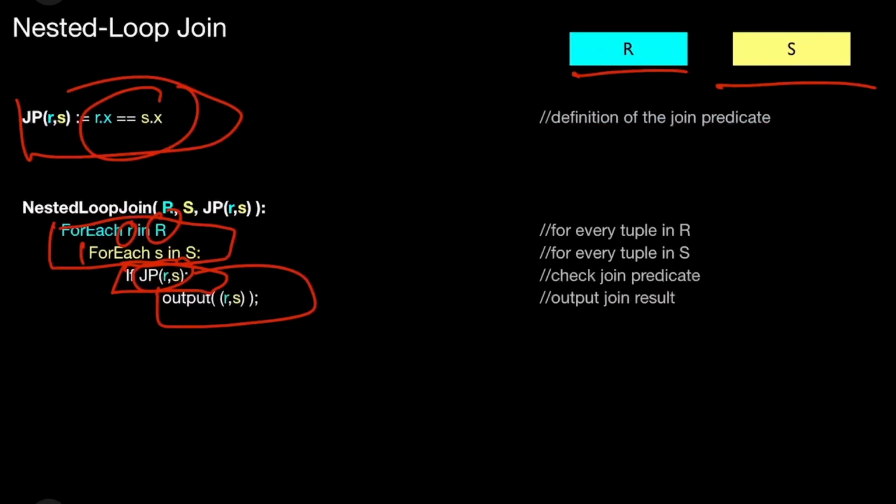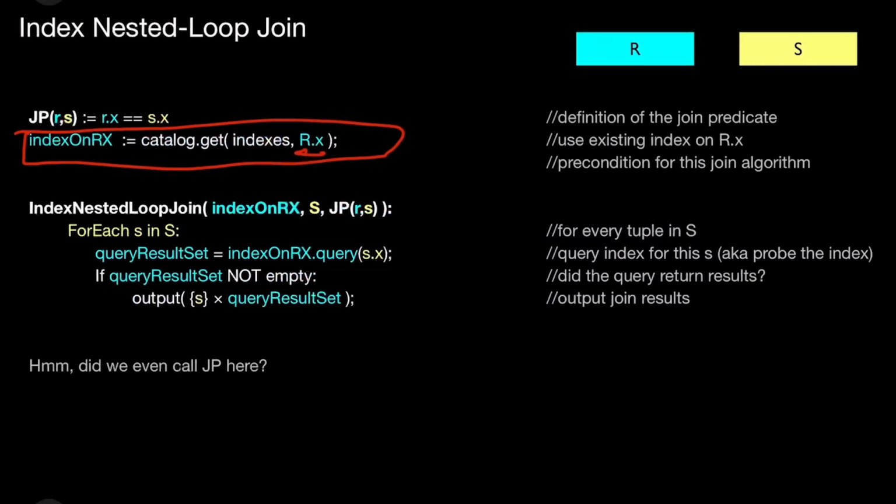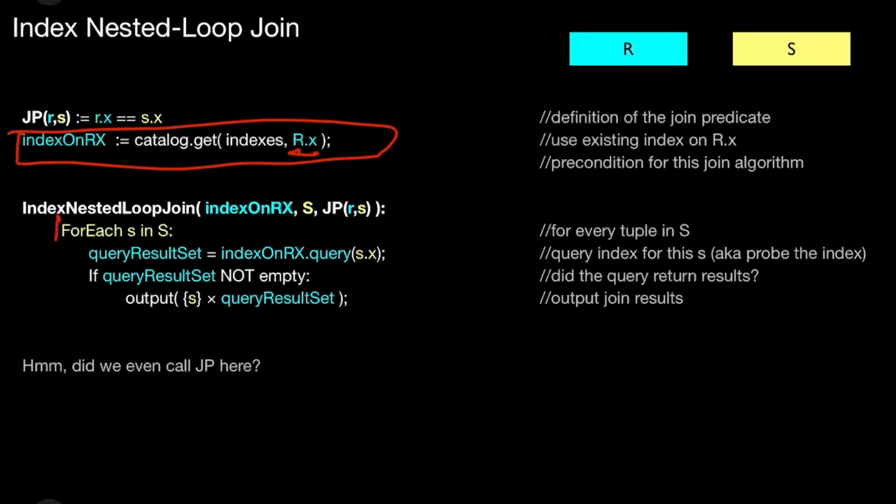This for each R in R, I don't need that anymore. I only need the yellow loop here. So I basically probe the index for each element in S. Yeah? Rather than looping over the elements of R, I check for each element in S whether it has an entry.